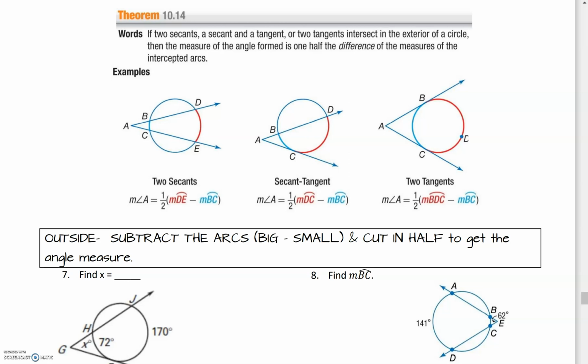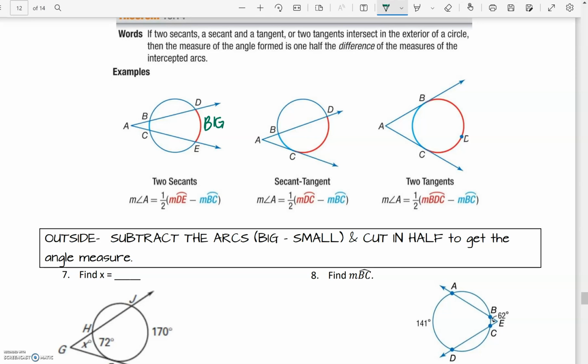We also can have two secants, a secant and a tangent, or two tangents intersecting, and we can have some arc measures here where we're going to use subtraction this time instead of addition when it's inside. When it's outside, we use that subtraction. So we take the bigger arc, that's this one, and subtract the smaller, and then cut it in half, and that's going to give us this angle right here.